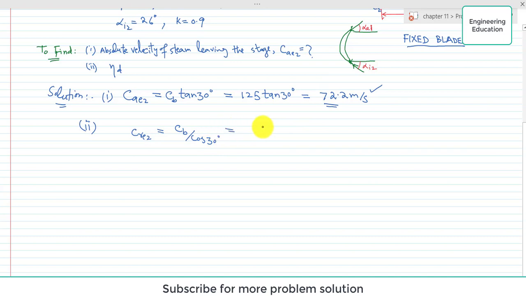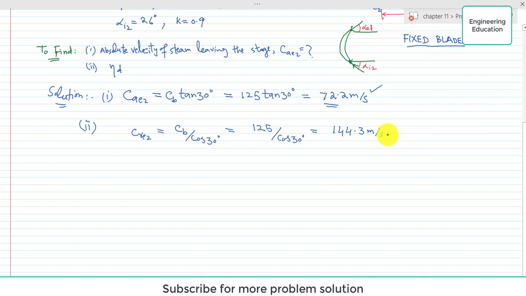So putting the values, CB is 125 meter per second, cos of 30 degree. So simplifying this, we get the value 144.3 meter per second.